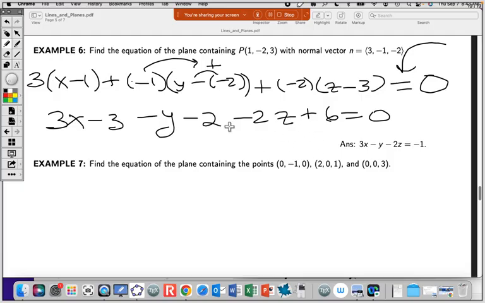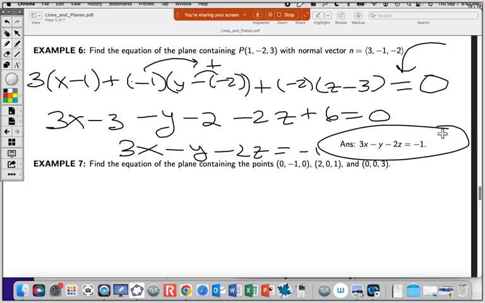I tend to put lines through the middle of my z's because sometimes my 2 has loops, sometimes they don't. Then you can gather everything up. You got 3x minus y minus 2z. You got a minus 3 minus 2 plus 6, and you get to that. And once again, you can fire up GeoGebra to help you check. But are there any questions on feeding the information into the formula?